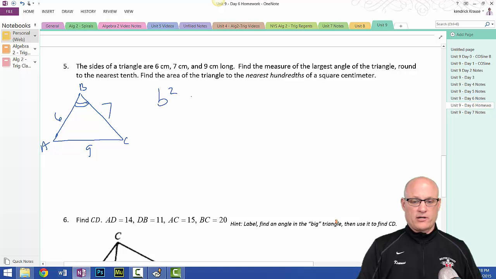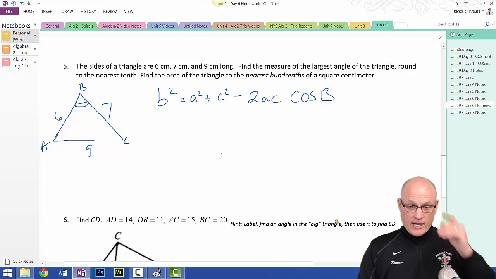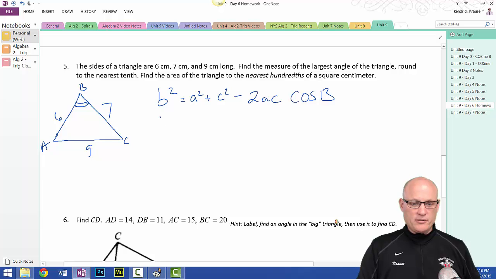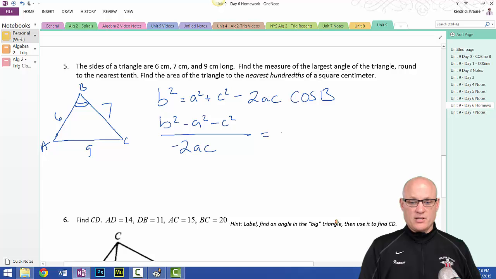So b squared equals a squared plus c squared minus 2ac cosine B. Now again, I'm looking for an angle, so I'm going to isolate cosine B. So I get b squared minus a squared minus c squared all over negative 2ac equals cosine of B. All right, let me type all that in now.